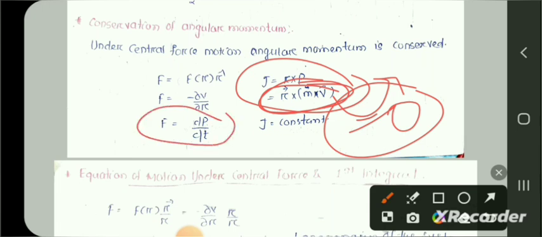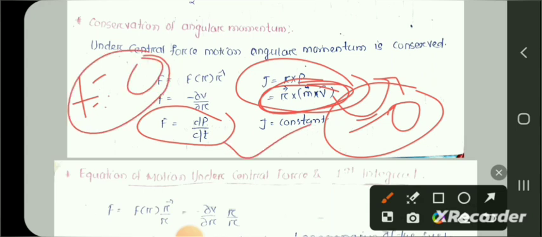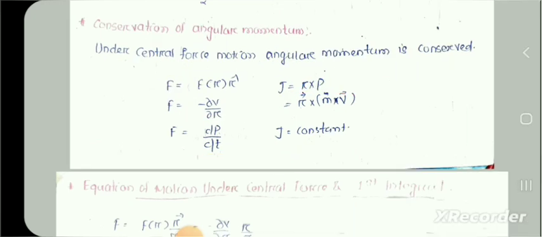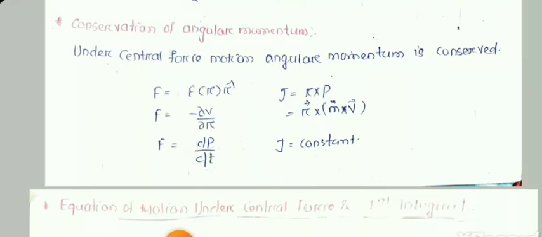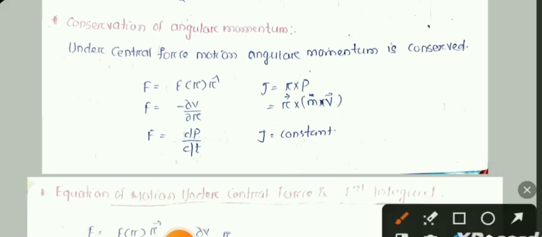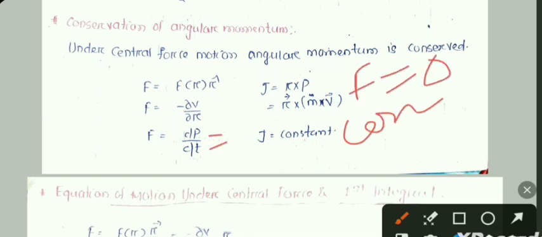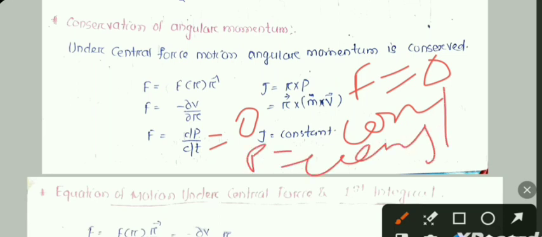In a field where F is equal to 0, the angular momentum is conserved. When the applied force is 0, dp divided by dt is equal to 0, and p is constant, and constant means it must be conserved.